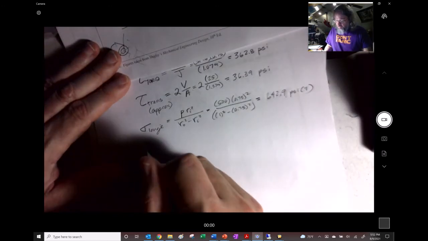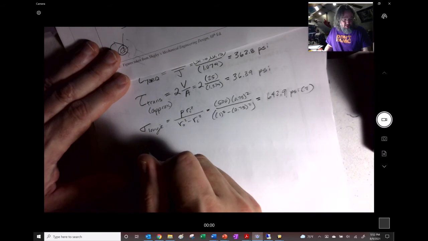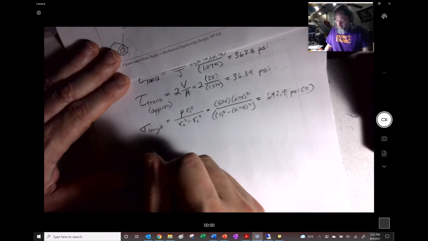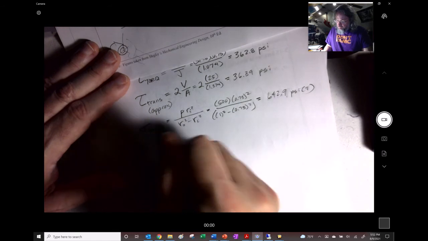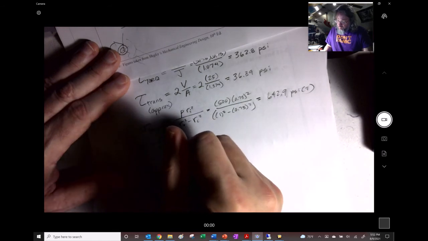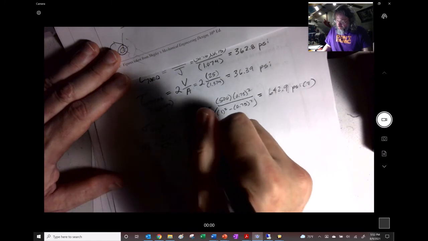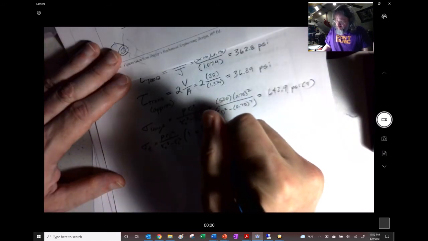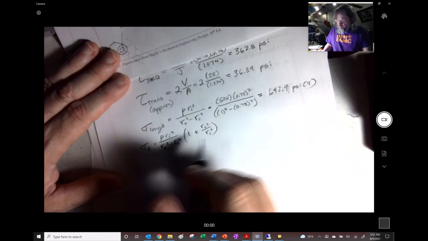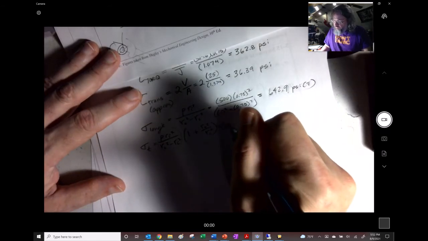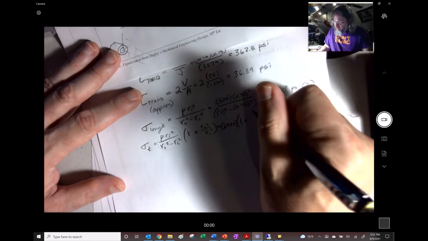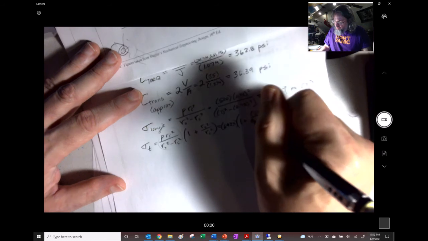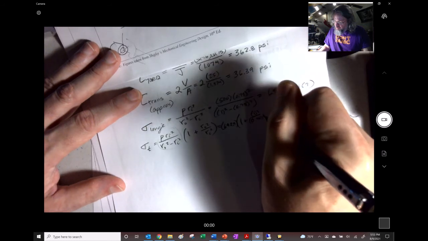And then we could get the hoop right here, right? Which I guess I just go T. It's 1 plus RO squared divided by RI squared. But we already know that right there is that, right? So it's going to be 642.9 times 1 plus 1 squared over 0.75 squared.